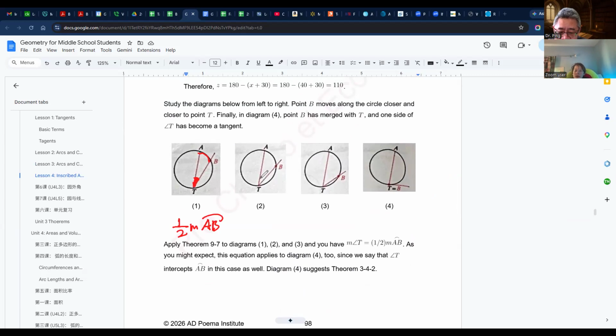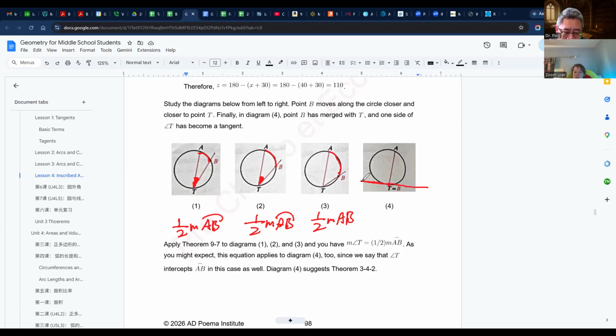For this case, this angle is still half of AB. Then it becomes wider and wider, still half the measure of AB. Eventually, A and B converge with T. So therefore, what we get here is a tangent.